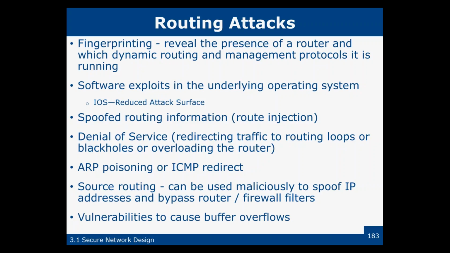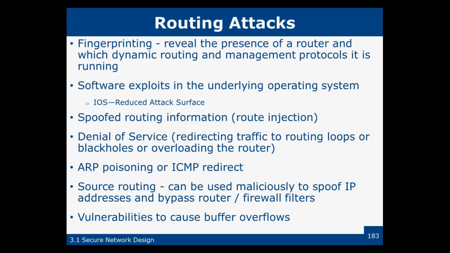There could be software exploits in the underlying operating system, and routers have exploits just like Windows has exploits, Cisco has exploits, Apple has exploits, Linux has exploits. So those things, the IOS, the reduced instruction set does give us a reduced attack surface, but they are still exploitable.